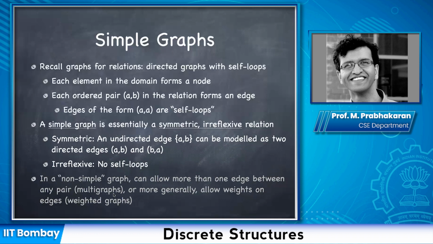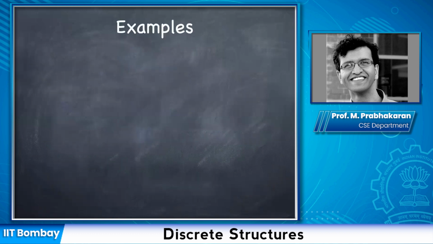But you could consider non-simple graphs, called multi-graphs, where there's a multiplicity. So the edge set E is actually a multi-set. Or more generally, you could have weighted graphs, where the weight doesn't have to be an integer. You can have an arbitrary weight, maybe even a negative weight, for each edge. For now, we will not talk about these kinds of graphs. We will stick to simple graphs.